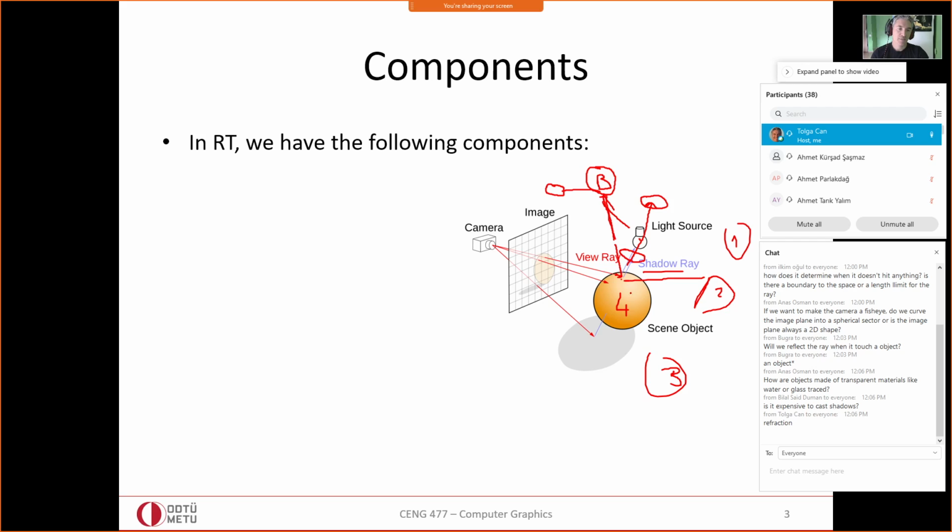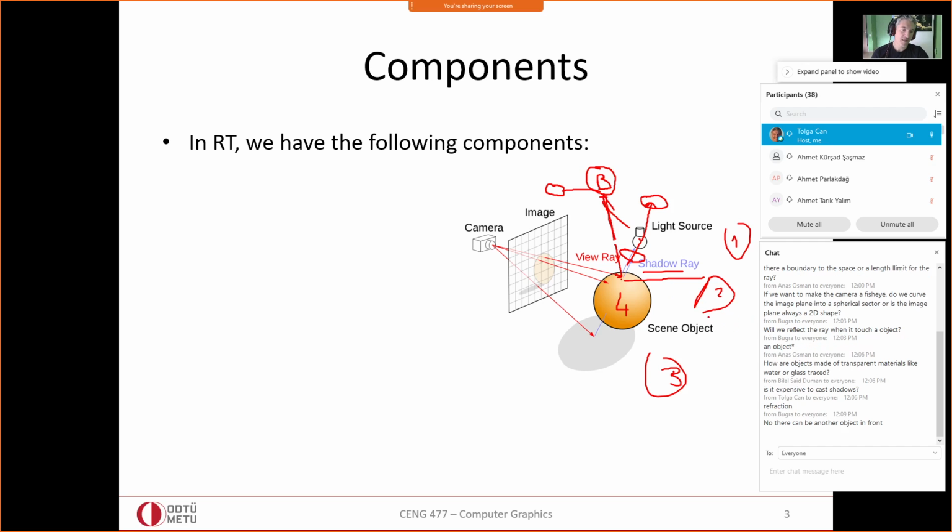As soon as you find an intersection, should you stop intersection tests? In the problem of the first ray, I mean this one, no. You should actually intersect this ray with all the objects that are on this line, because we are interested in the closest object that we see. For example, this ray intersects object 2 as well.